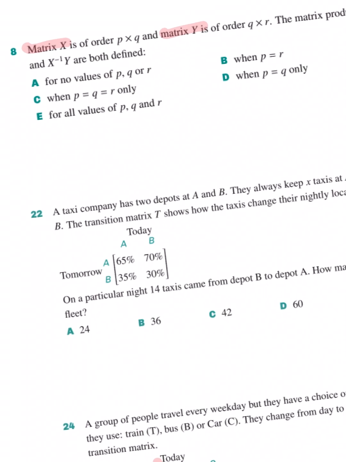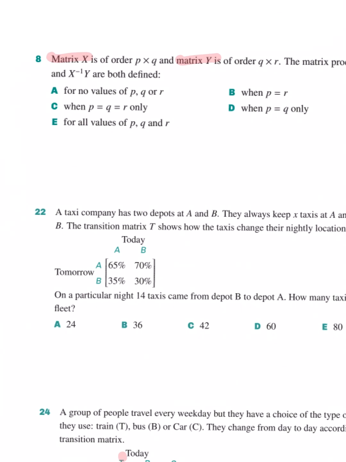So what I'm going to do is, let's zoom in a little bit. Matrix X is P times Q, and matrix Y is Q times R. Obviously X times Y is going to work because the Q and the Q match up, and that's fine.